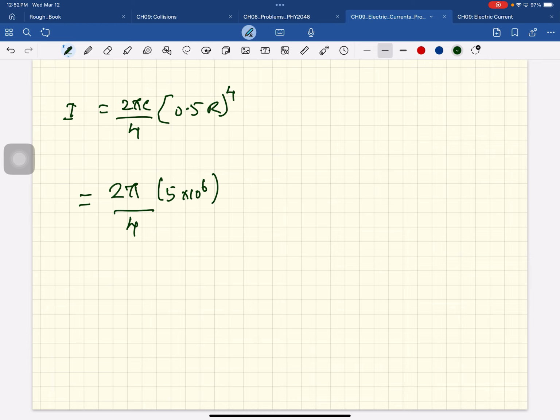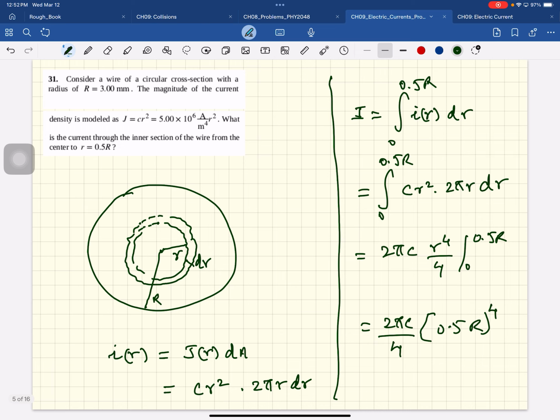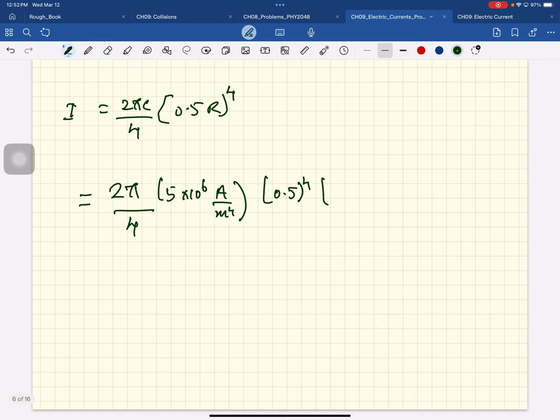Again, I'll write down the units: amps per meters to the power 4, times 0.5 to the 4, and R, the radius of the wire, is 3 millimeters. The meter to the power 4 cancels with that, and you'll get amperes.